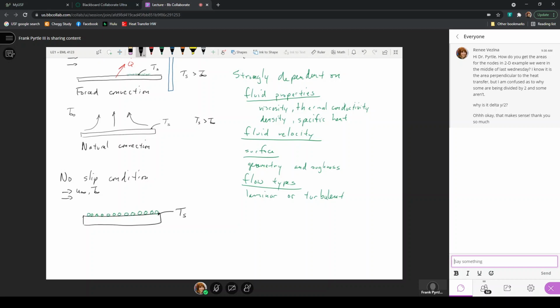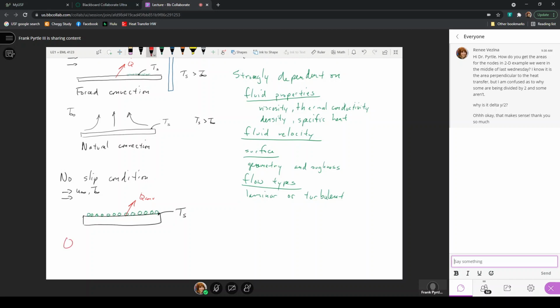Well, we know that if Ts is greater than T infinity, there will be some heat transfer rate by convection through this surface. But through this stationary set of molecules that I've drawn here, because they're not moving, that heat transfer rate by convection that moves from the surface into the fluid also has to be equal to the heat transfer rate by conduction just through this stationary set of molecules.